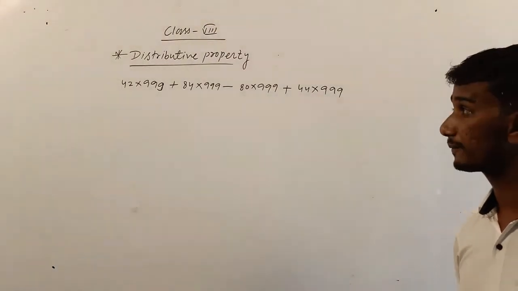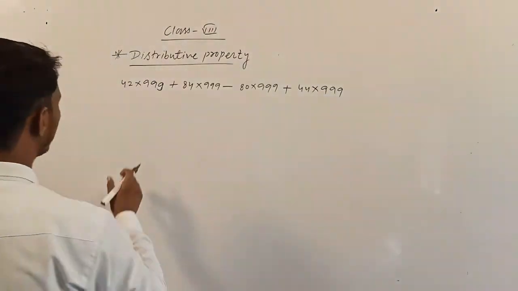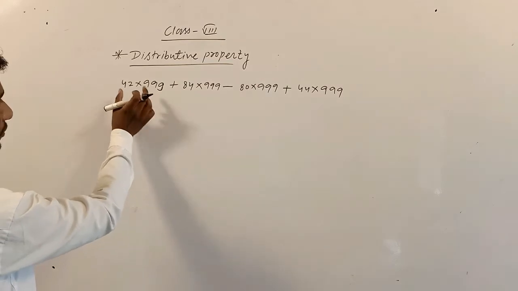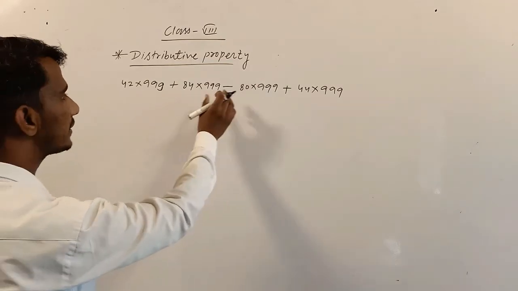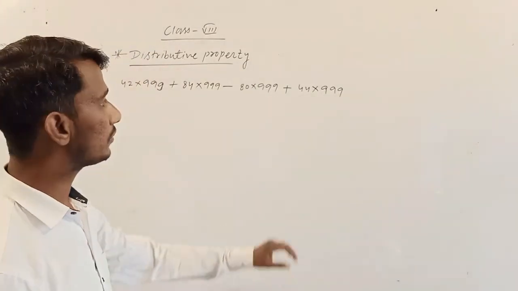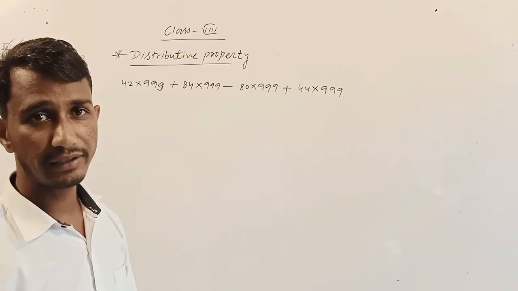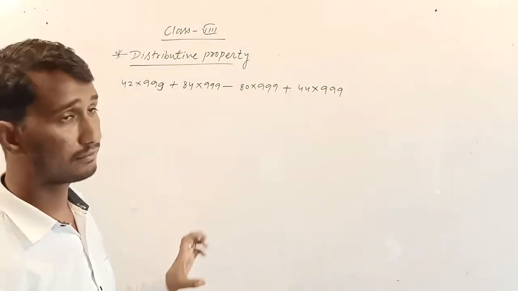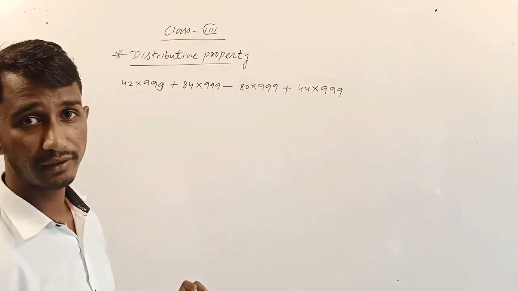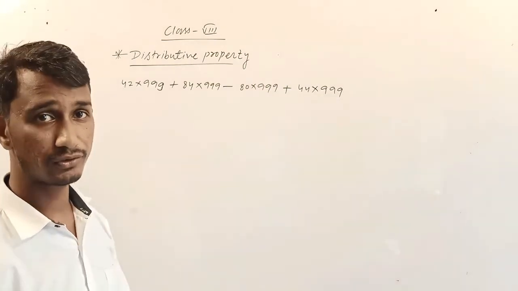I think you will take a long time, because if you solve these terms separately, first you multiply this, after that this, after that this, so it will take a long time. Using the distributive property, we can consume less time and also get an accurate solution.